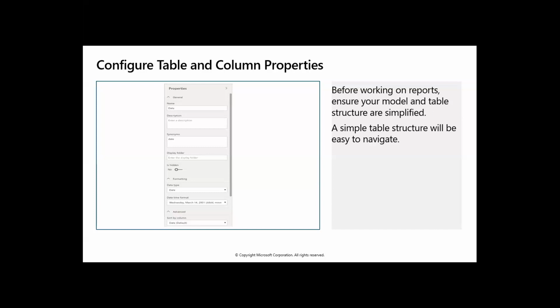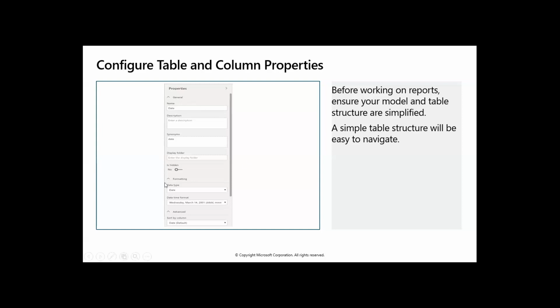For example, suppose you've imported dozens of tables from many data sources, and now the visual appears disorderly. In this case, you need to ensure that before you begin building reports, your data model and table structure are simplified. Please take note. Before working on reports, ensure your model and table structures are simplified. A simple table structure will be easy to navigate.